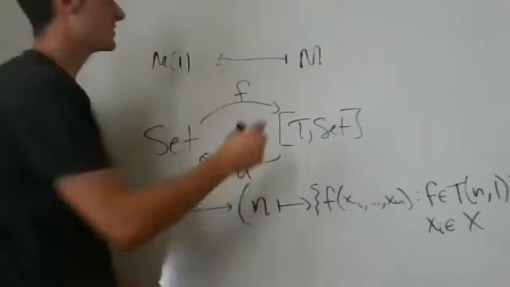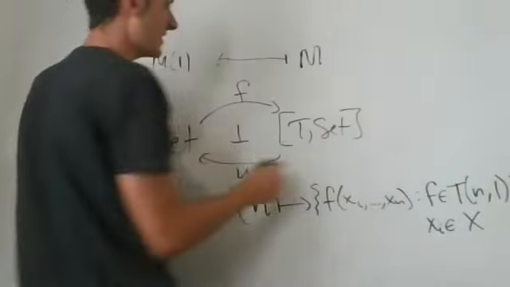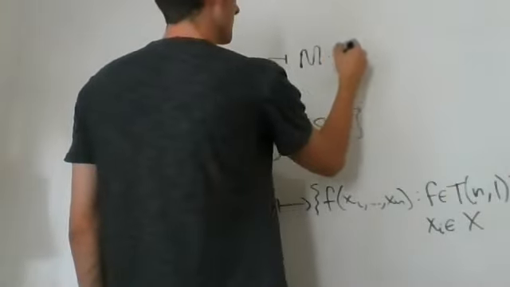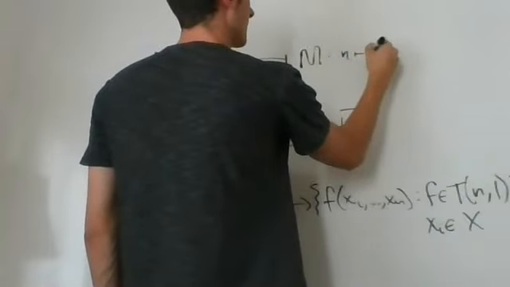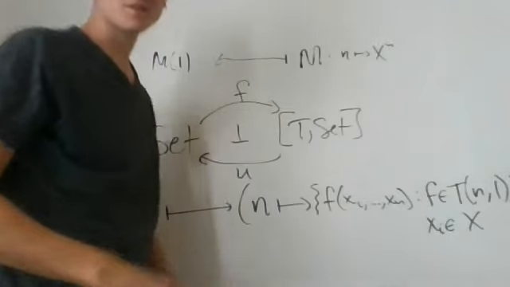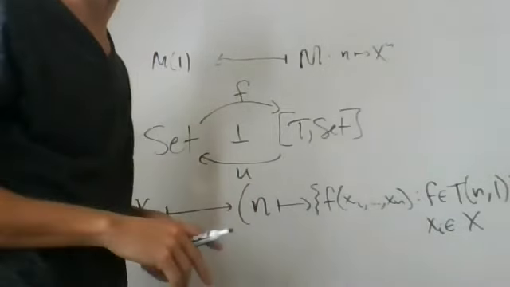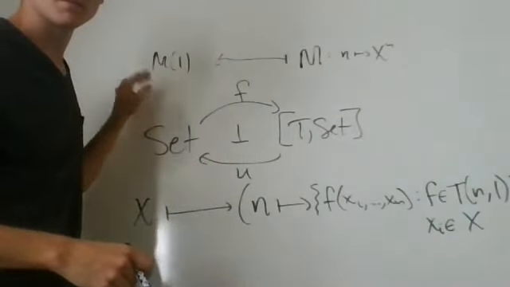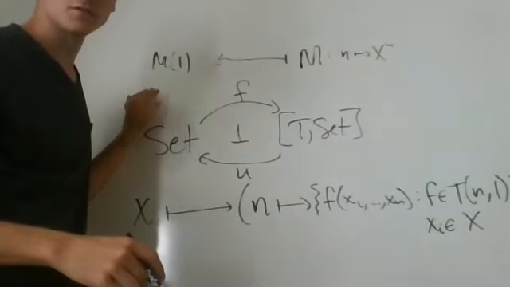So remember, this was sending each n to some X to the n, and we just want that X. We just want the carrier, the underlying set. Does this make sense?